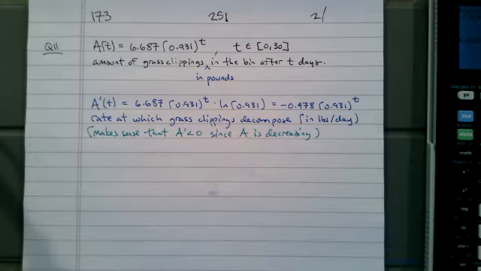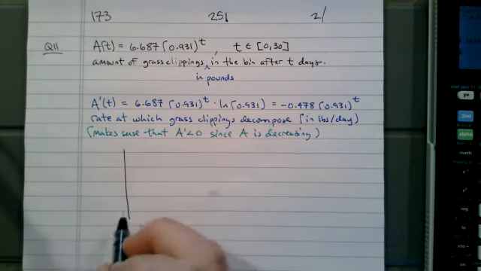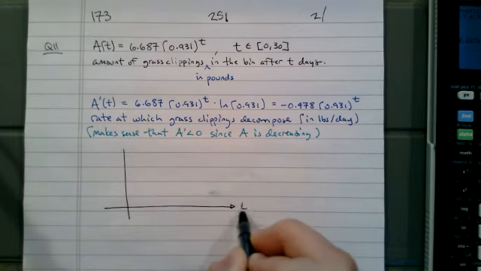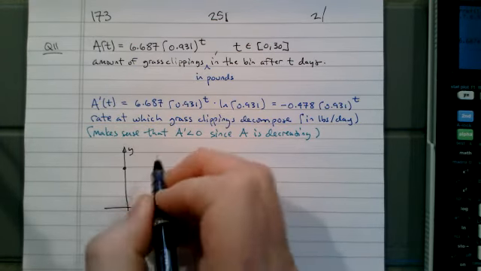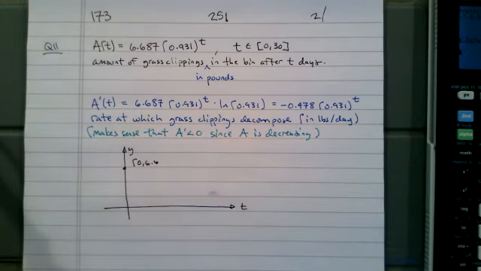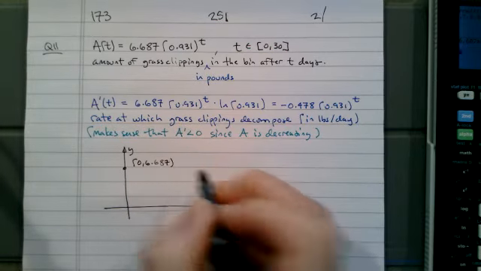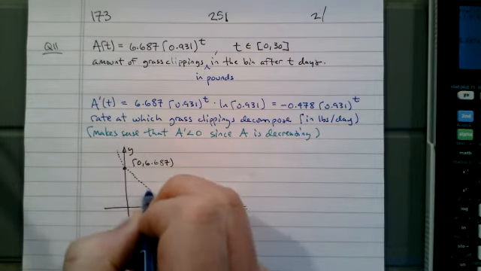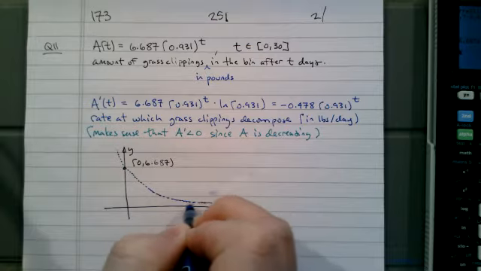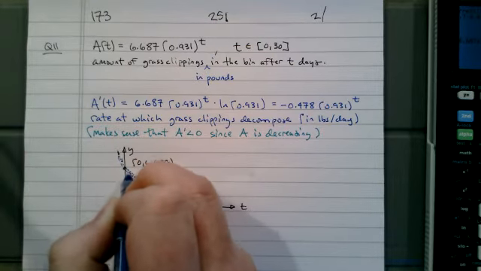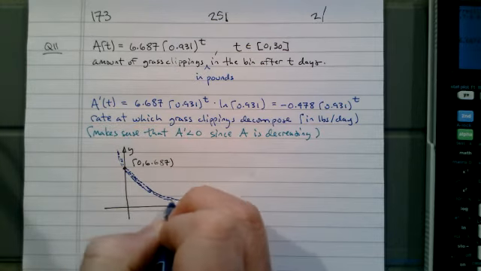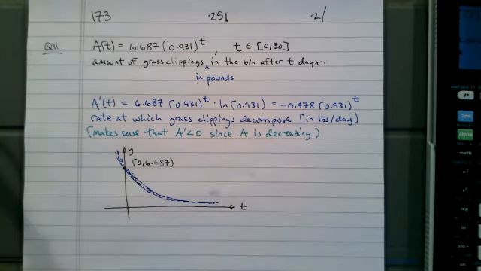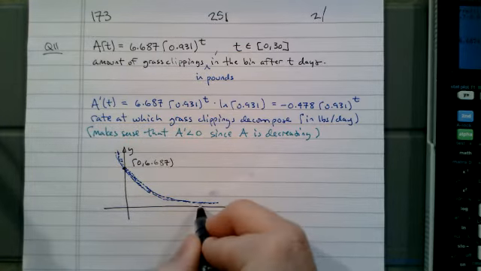If we look at the graph of this function, it's going to be a decreasing exponential function, starting off at 6.687, and it will just kind of flatten out towards the t-axis. So we're going down to 30.